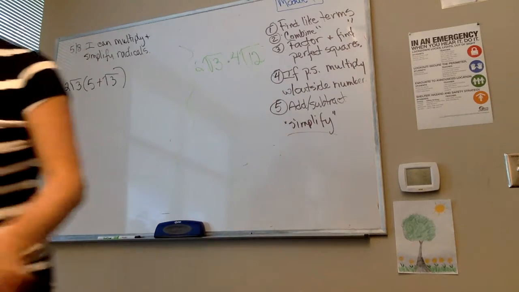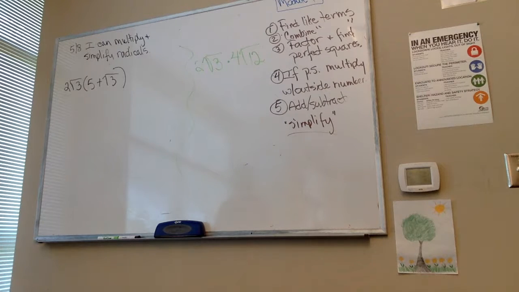Okay, don't be shy about asking for help, either from me or from some of your classmates. Not totally. You're getting there. Think about distribution when you're distributing. Yes. Okay, so multiply the outside by the outside, inside by the inside.